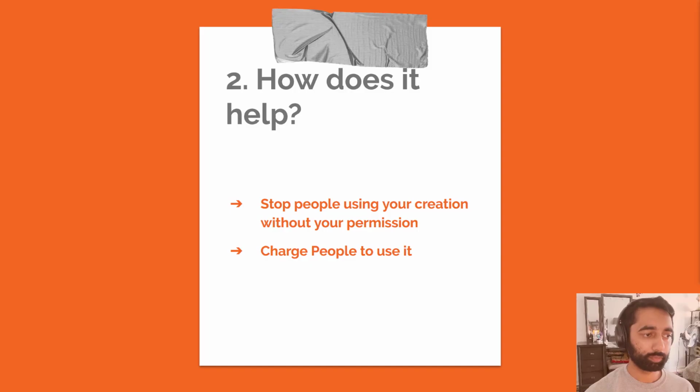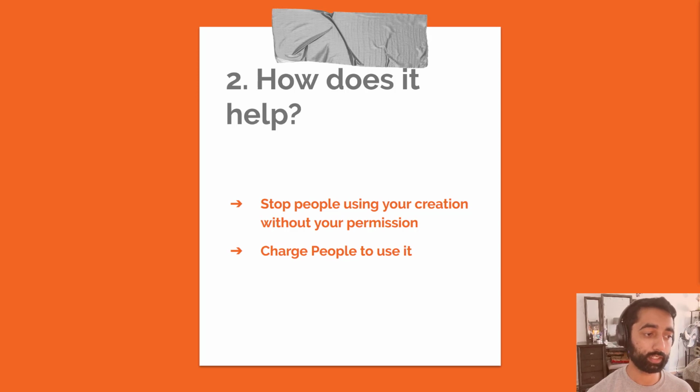All right, so one thing is, how does it help? How does copyright help, and what is the point of it? How to copyright your work, and why would you ever want to do that? So the first thing is, you can stop people from using your creation without permission. All right, so basically, if you created something, obviously you would want the credit for that, and not only that, you would want maybe even payment for that.